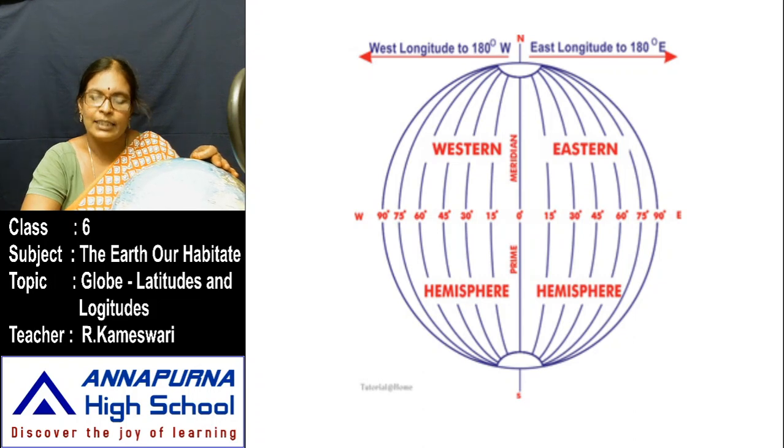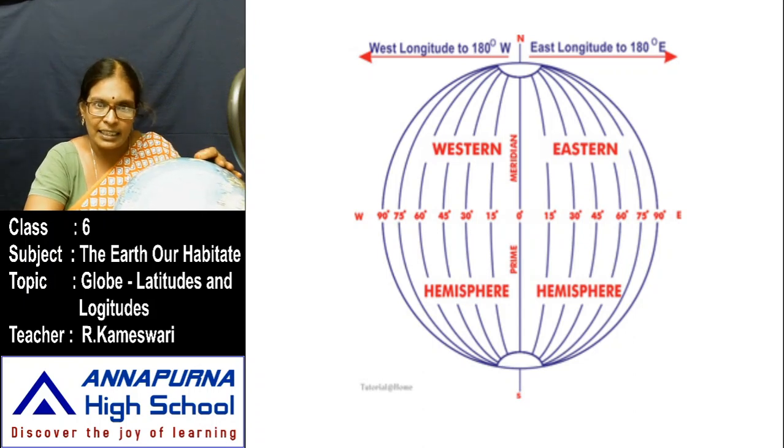Now, the prime meridian divides the total earth into two hemispheres. Hemisphere means half part of the earth. It is the eastern part and the western part. At the top you see 180 degrees W and 180 degrees E. E means east, W means west.